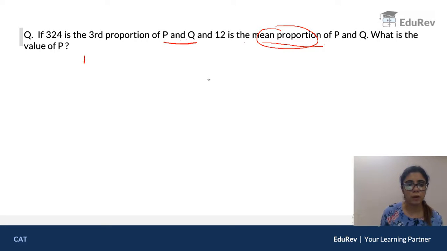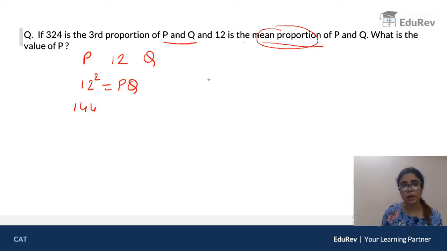So that means p is the first proportion, 12 is the mean proportion, q is the third proportion. If it is the mean proportion, can I say b square is equal to ac? So that means your 12 square is equal to p into q. So that will become 144 is equal to p into q because 12 is the mean proportion.